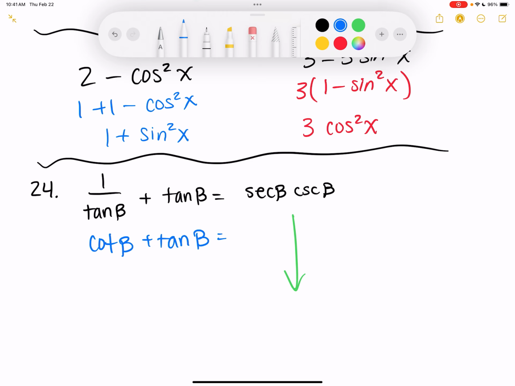So cosine beta over sine beta plus sine beta over cosine beta. Now what? The denominators. Get a common denominator. So cosine over cosine, sine over sine.